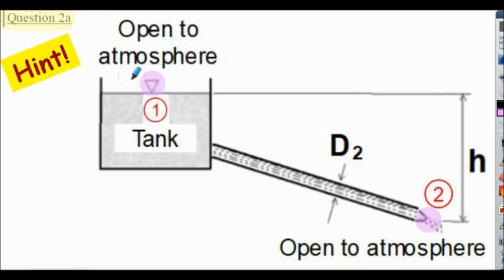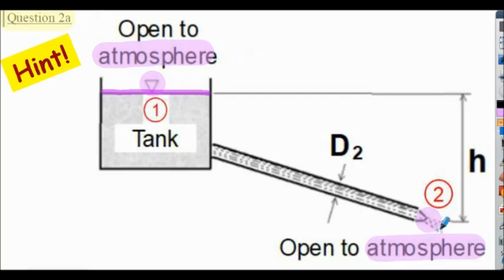So in this case, as position 1 and position 2 relate to atmospheric considerations, they both have a value of 0 gauge pressure, and within question 2A we're informed that there is no movement of the surface water in the tank at position 1. So we'll assume there's no velocity of the fluid at position 1.